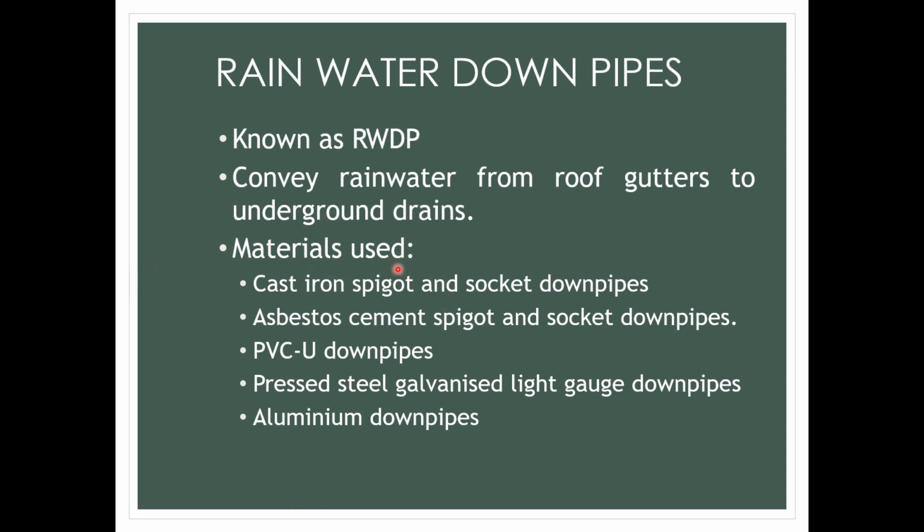Again, these are the normal materials, but you will see many kinds of materials from different manufacturers out there, for example cast iron, spigot, asbestos, PVC, prestressed steel, aluminium downpipe. So there are more materials used to construct this RWDP.